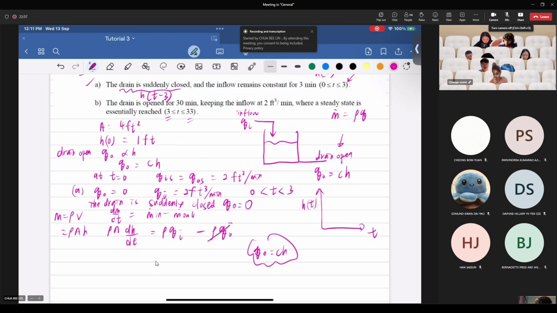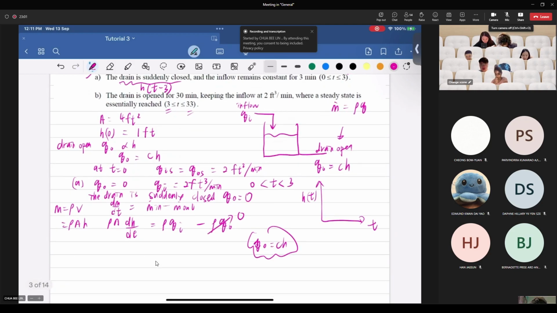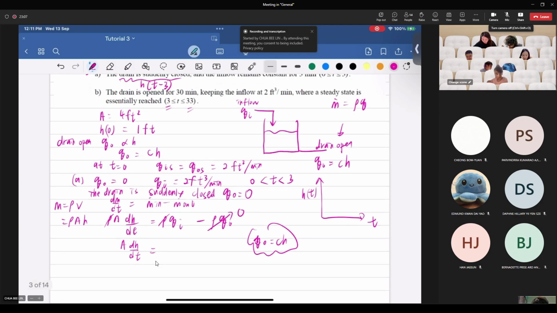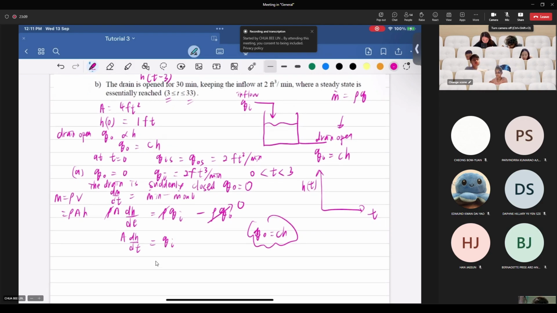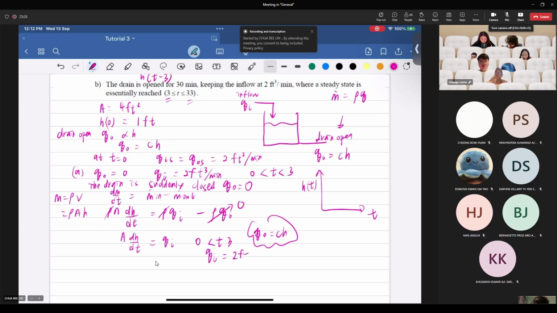So therefore, this term becomes 0. Cancel the density. A dH over dt equivalent to Qi. And from this event occurring over the time from 0 to 3, your Qi remains constant with the value of 2 cubic feet per minute.